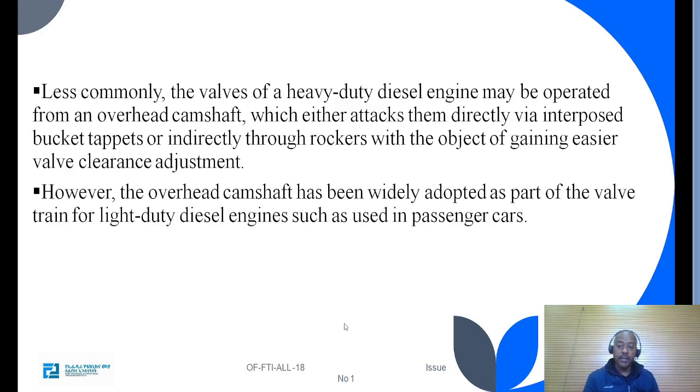Less commonly, the valves of a heavy-duty diesel engine may be operated from an overhead camshaft, which either attacks them directly via interposed bucket tappets or indirectly through rockers, with the object of gaining easier valve clearance adjustment. However, the overhead camshaft has been widely adopted as part of the valve train for light-duty diesel engines, such as those used in passenger cars.